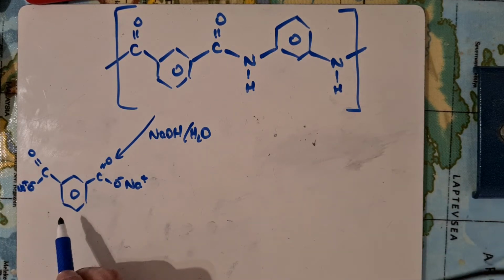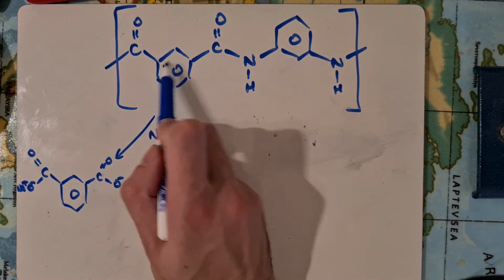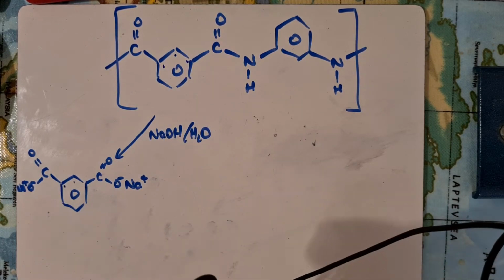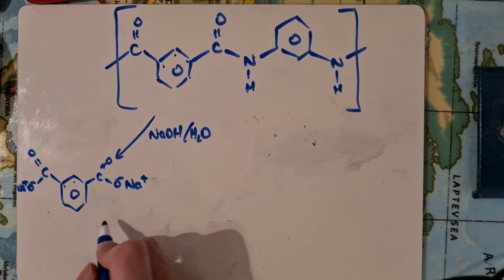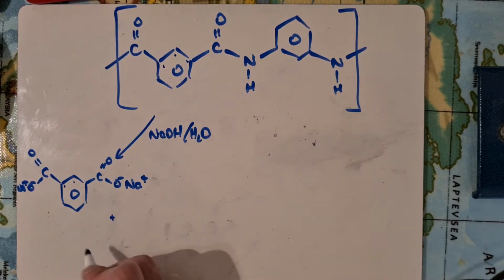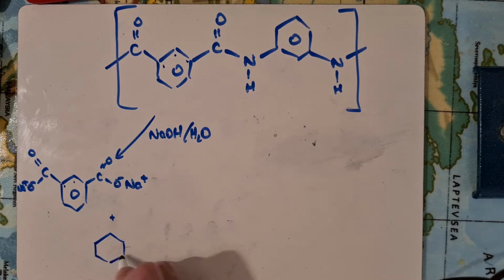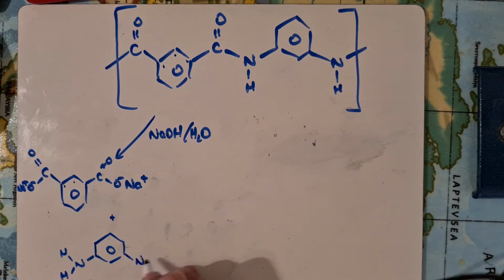Just make sure they're all in the right positions. Up here, we've got 1, 2, 3, 1, 2, so it's 1, 3. That fits. Plus, now we're going to get an amine forming. And amines in alkali conditions will be NH2.